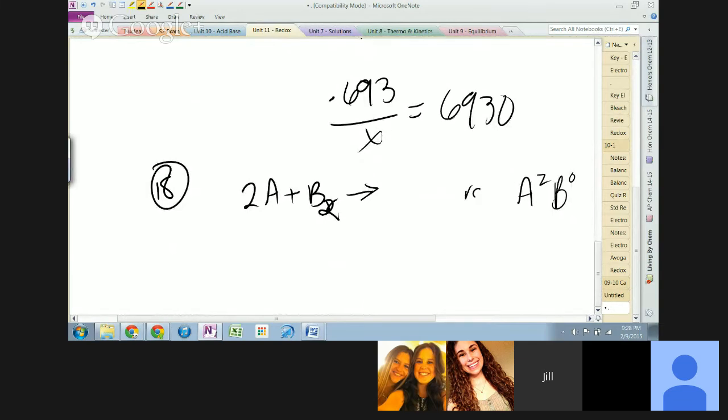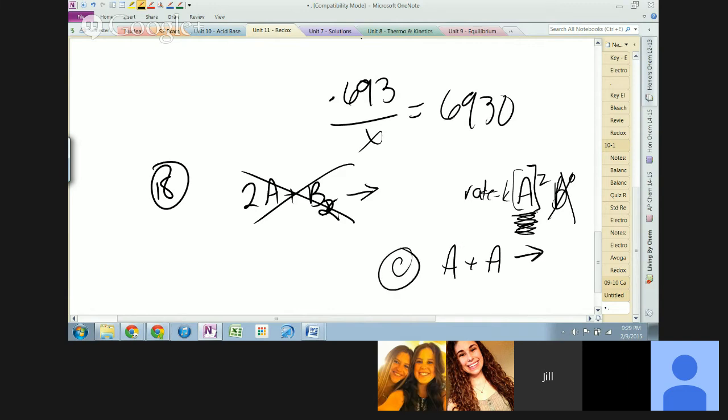Looking at the rate law, B is not part of the expression, so the slow step must have A reacting with A. Remember, the overall reaction doesn't tell you anything about the mechanism or the rate determining step. Since it's A to the second, there are 2 A's in the reactant, which is option C. Options A, B, and D all have B as a reactant, and since B is 0 order, it must not show up in the rate determining step.